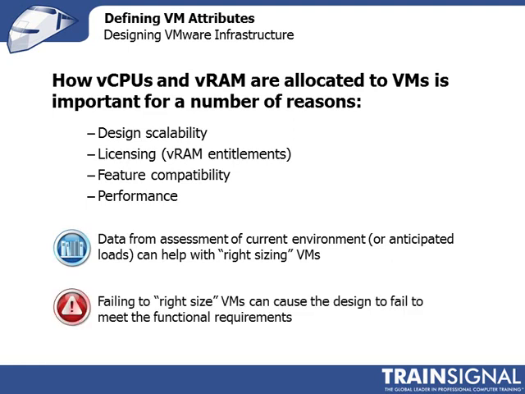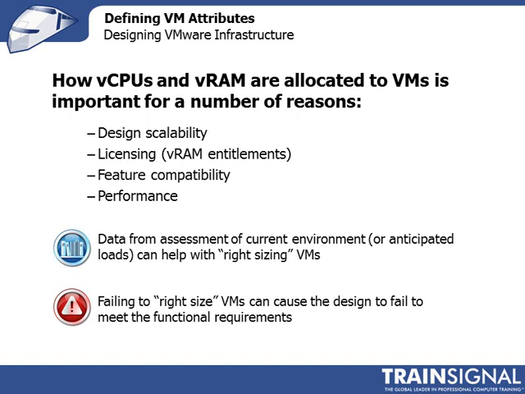If you fail to right-size the VMs, then you could cause the design to fail to meet the functional requirements with regards to scalability, potential growth, or performance. And so it's very important that you use the data from the workload assessment to right-size VMs and to establish reasonable amounts of virtual CPUs and virtual RAM based on the needs of the applications and or operating systems running in the virtual machines.